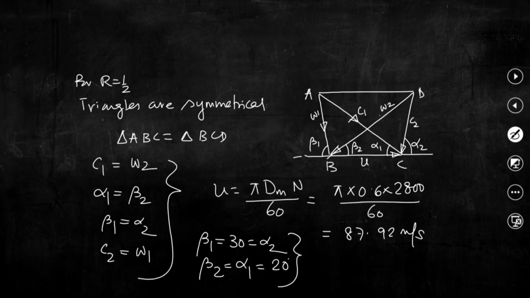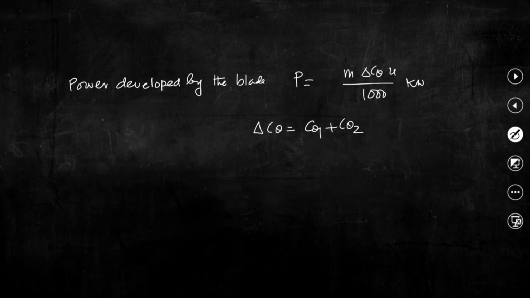If we look at the velocity triangles, see, this is C theta 1 and this is C theta 2. So, this equals C1 cos alpha 1 plus C2 cos alpha 2.